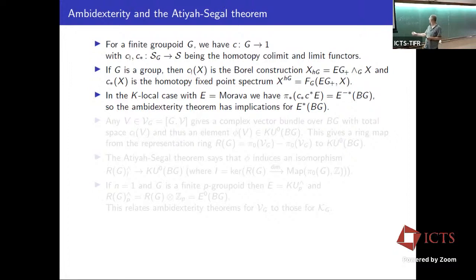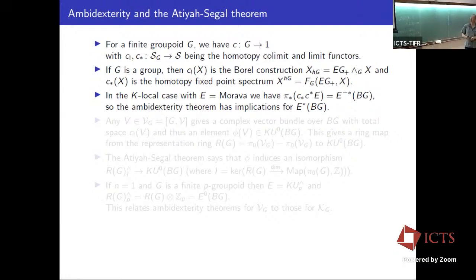Okay, and so if we look at pi k of this, that's pi k of F of BG plus, E, which is maps from the kth suspension of BG plus to E, which is a minus kth cohomology group.